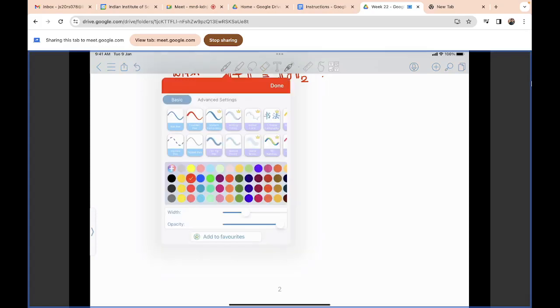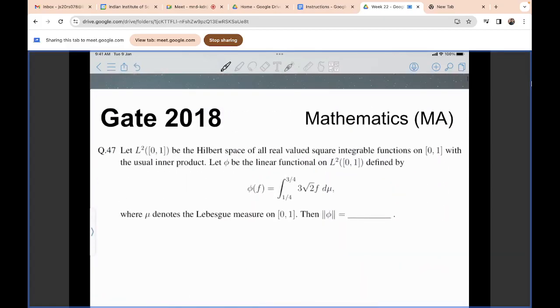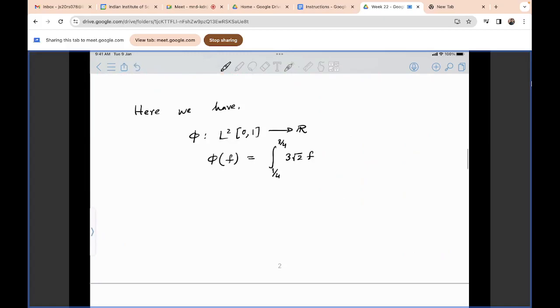so here we have phi, a linear functional from L2[0,1] to R, which is phi of f equals the integral from 1/4 to 3/4 of 3 root 2 f d mu, meaning f(x) d mu(x).